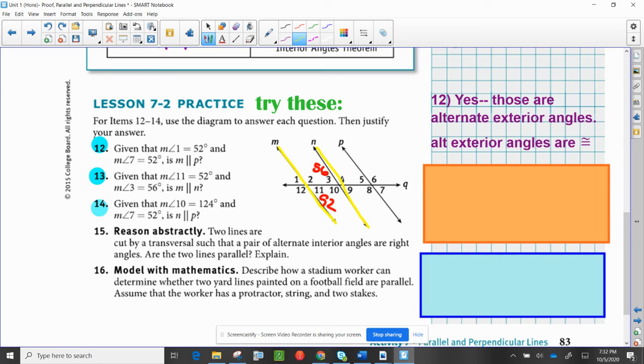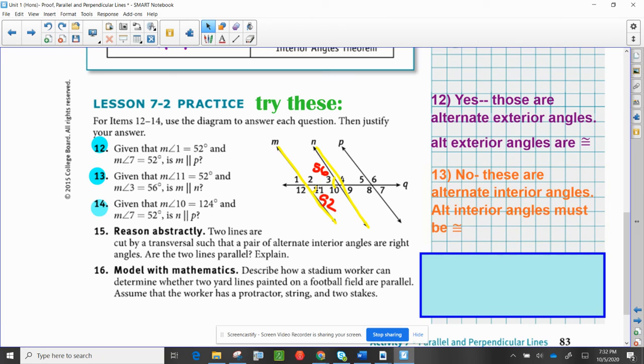So look at what kind of angles 11 and 3 are. Can we use that to imply that our lines are parallel? So the answer here is no. Angle 11 and angle 3 are alternate interior angles. So in order to be parallel, those have to be congruent.